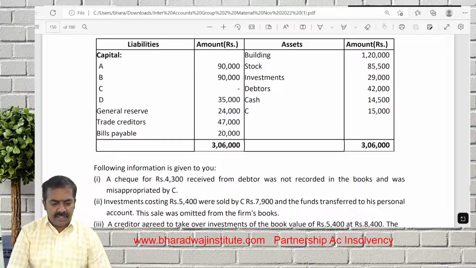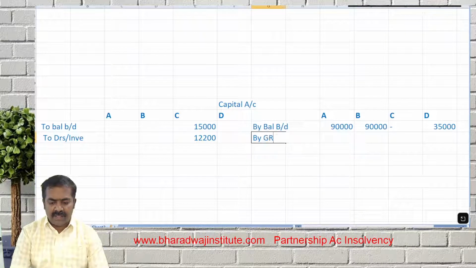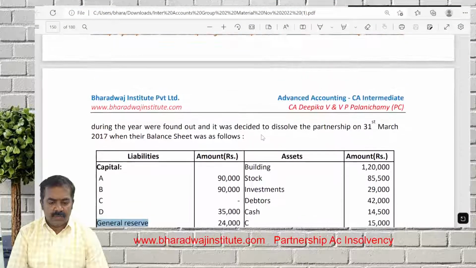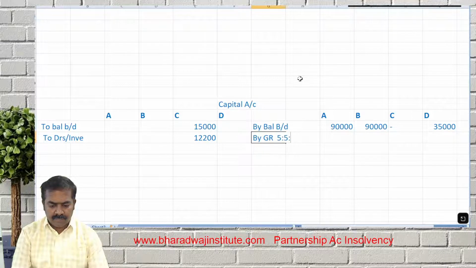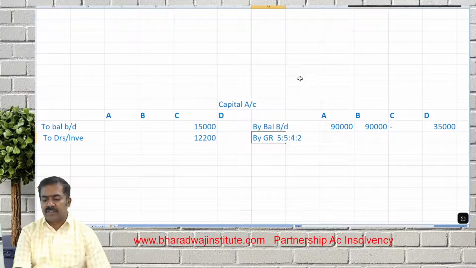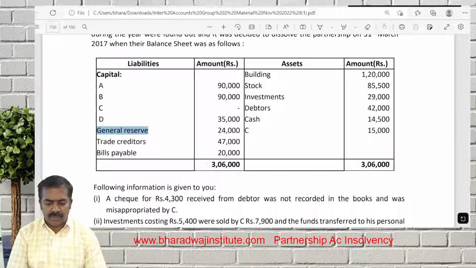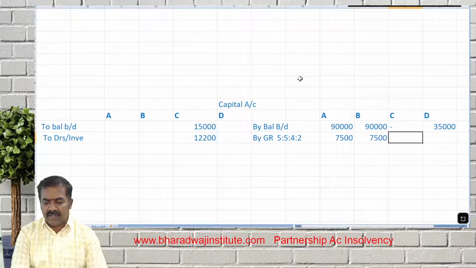Then tell me the general reserve, old general reserve, 24,000. By general reserve, we will split in any ratio. Profit sharing ratio. What is the profit sharing ratio? 5:5:4:2 ratio. How much? 7,500. 7,500. 6,000 and 3,000.